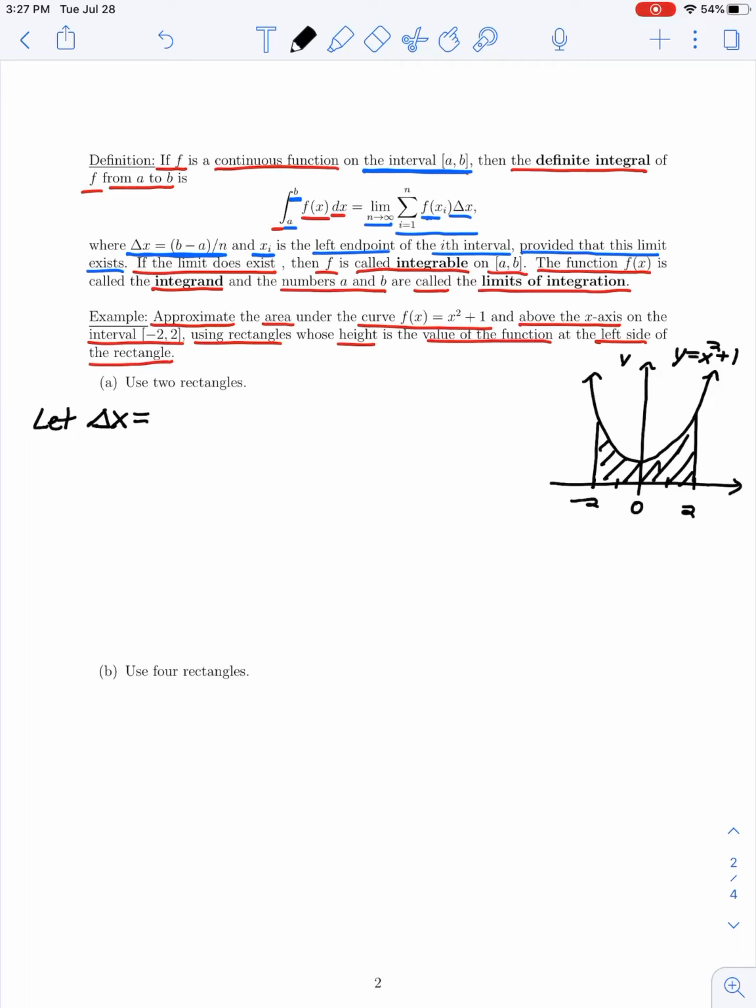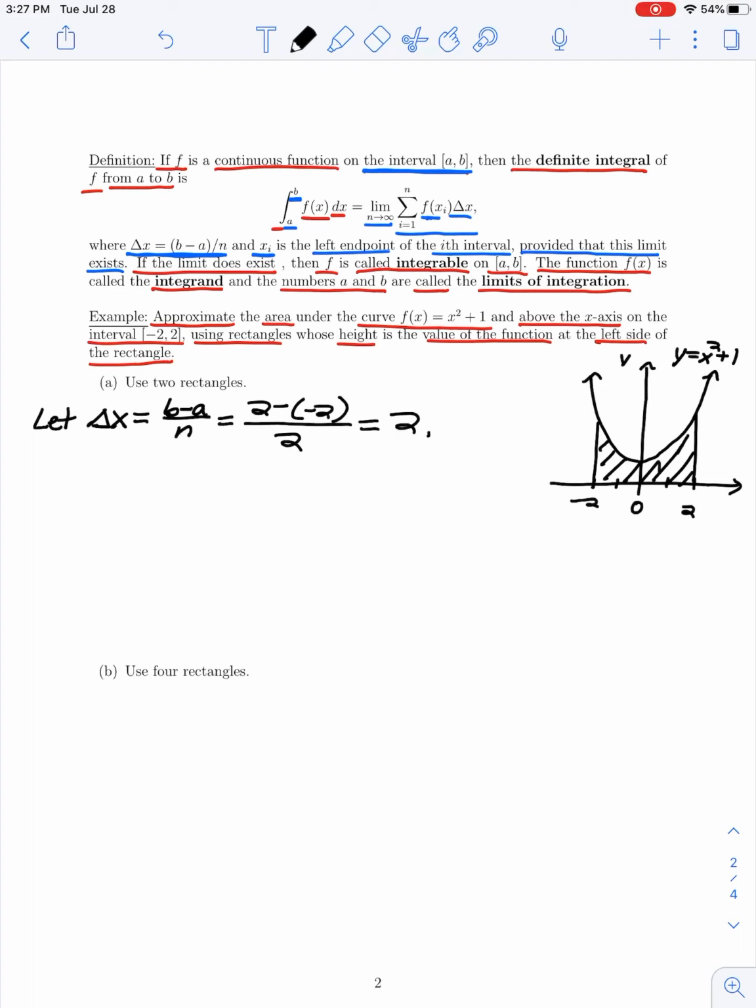It's found by taking b minus a over n, or in this case, b was 2 minus a, which was -2, so we're taking the right endpoint of our interval minus the left endpoint. And then we're dividing this into two equal rectangles, or two equal subintervals. So we have 4 divided by 2, which is 2.